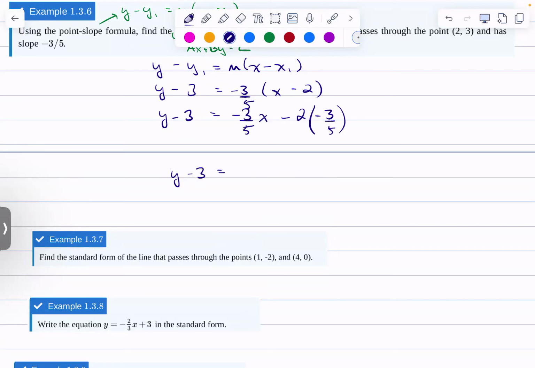And if you wanted to start off by moving that -3 over by adding 3 to both sides, that's totally fine. Depends on what you like. I kind of wanted to jump in and tackle that fraction head on. -2 times -3 makes +6, and so now I'm left with +6/5.